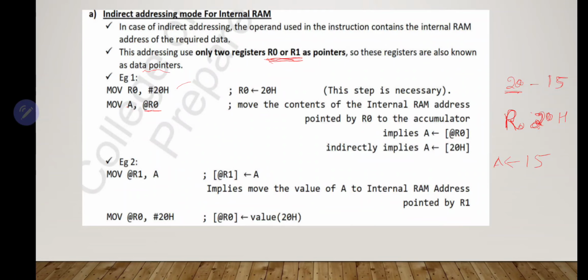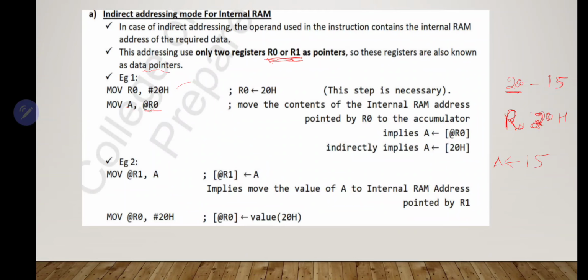So this is indirect addressing mode, which means it is not working in a direct way. It is working in an indirect way. MOV A, @R0 means that A is not taking the data in R0.